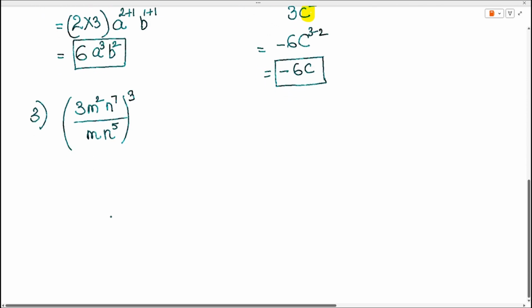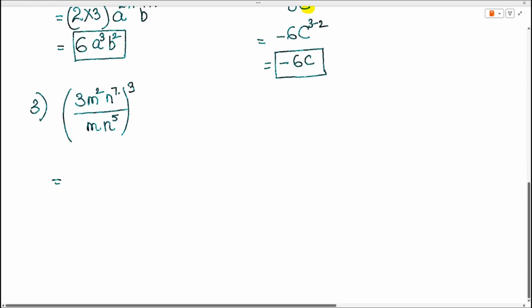Now for this question, because the exponent is outside the bracket, the 3, so this 3 is applicable for everything, or what we can do is we can first solve whatever is written inside the bracket. We can simplify it and then apply the exponent. So this becomes 3.